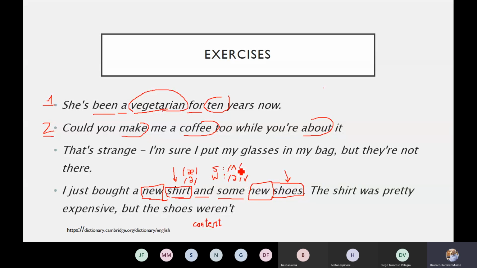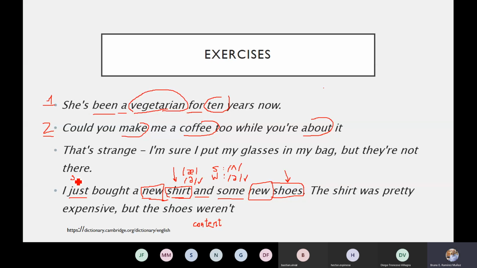In the case of and, we can say and with a trap vowel or and with a schwa. I would say the preferred option should be and with a schwa. In the case of just, you can also have a strong form, with a wedge, just, and the weak form could have a schwa.